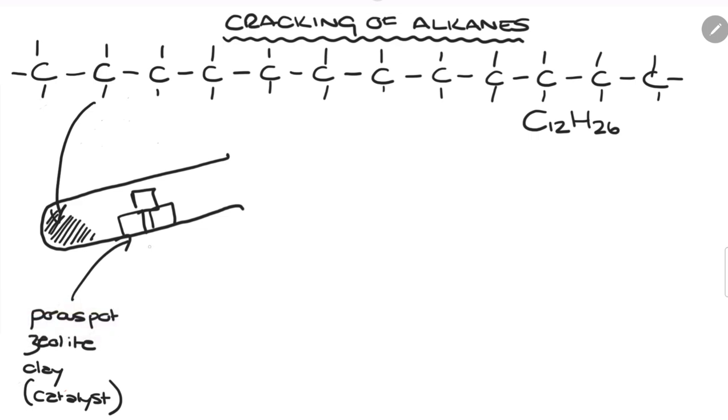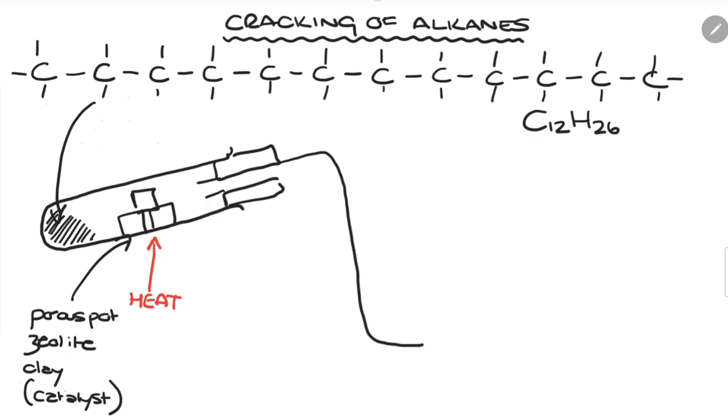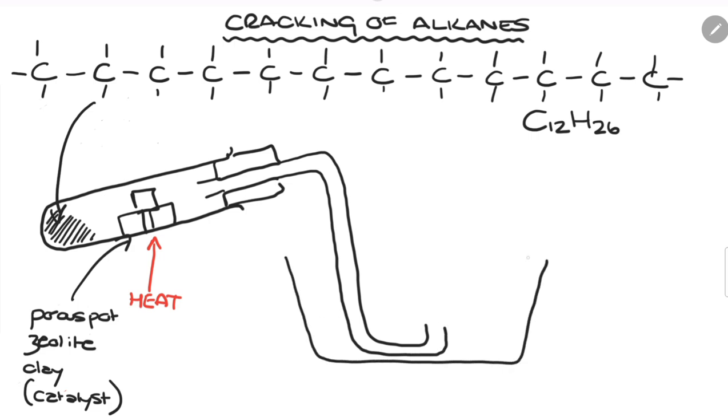And in order to make this process happen, we will heat this up. And so what we're doing here is we're heating our alkane in the presence of a catalyst. And we heat that up and it will evaporate, it will pass over our catalyst and it will undergo a transformation and it will proceed to travel along the tube, and we can then collect that product in another tube somewhere.